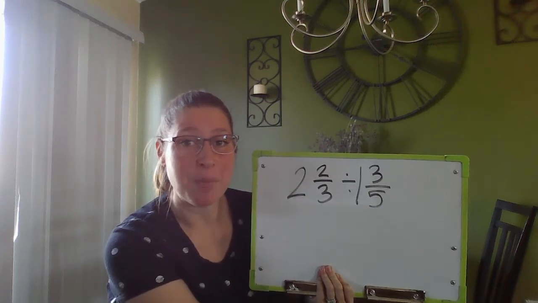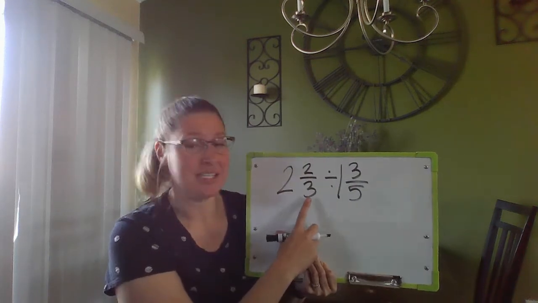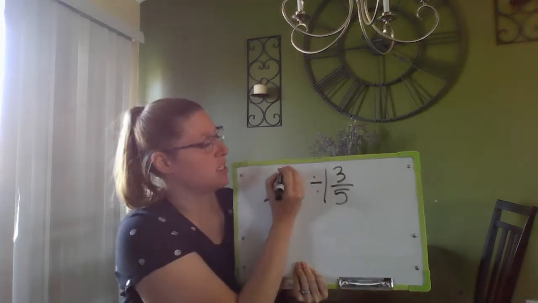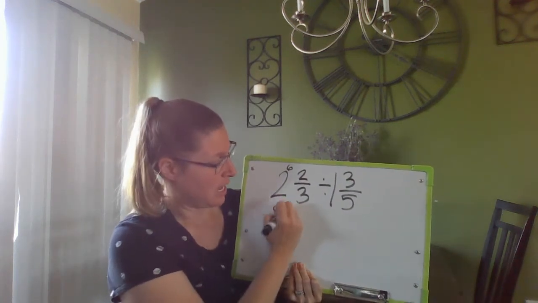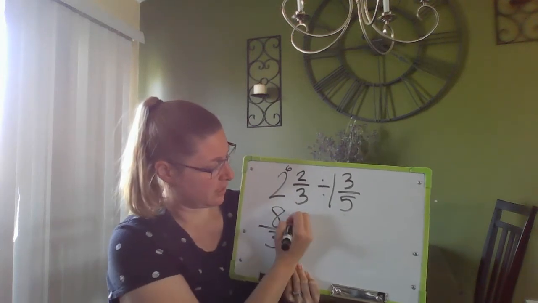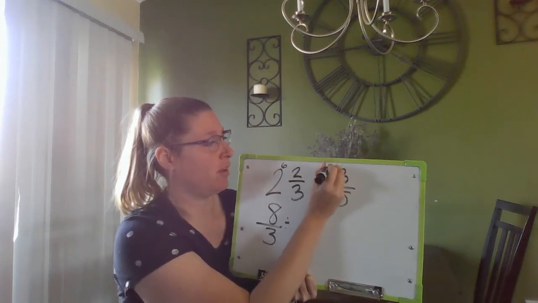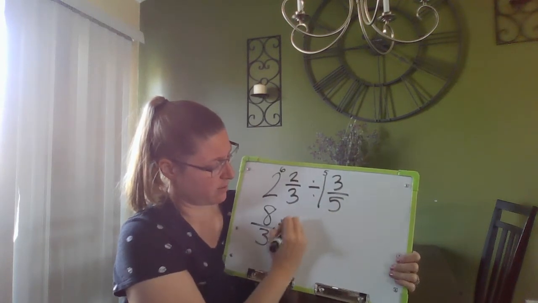Okay, so our first step is we need to turn these improper. If you remember, we take our denominator, multiply it by our whole number. 3 times 2 is 6. Then add my numerator. So I have 8/3 divided by 5 times 1 is 5. 5 plus 3 is 8/5.